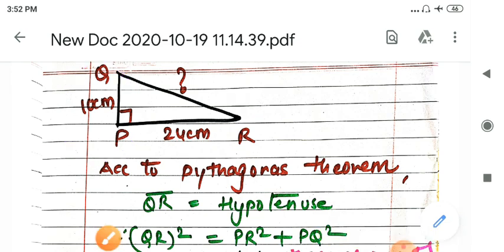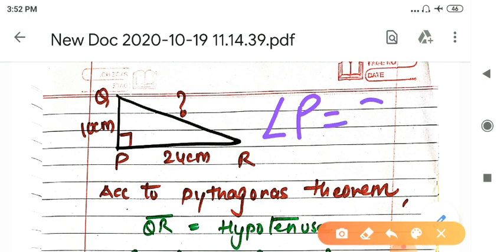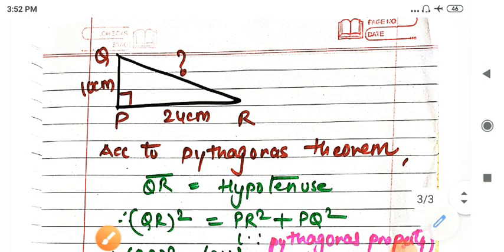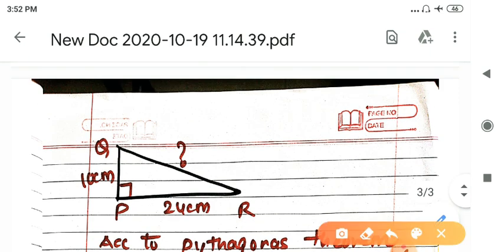See, here it is a right angle triangle, angle P is 90 degree. As it is a right angle triangle, we can go for the Pythagoras theorem. How to apply it? We have seen QR is the hypotenuse, PR is your base and QP is your perpendicular side.